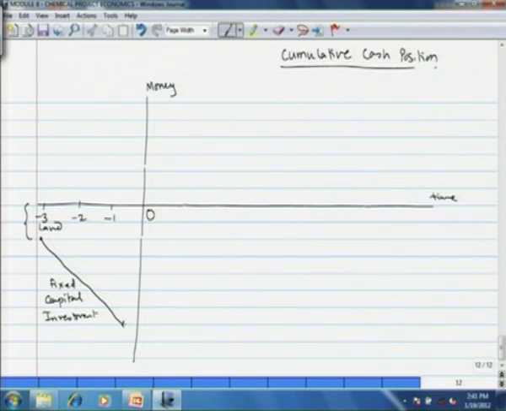So, let us say we invest the working capital right at time 0, so that makes it easier. So, here the fixed capital investment ends, then this is the working capital. So, this is the total investment at time 0.